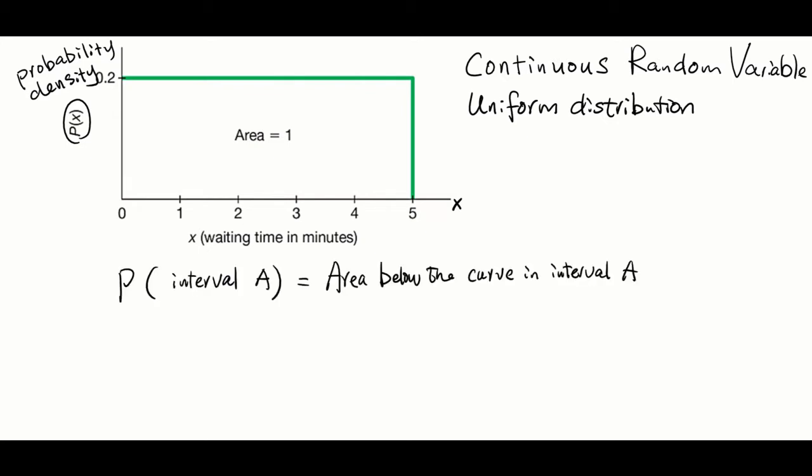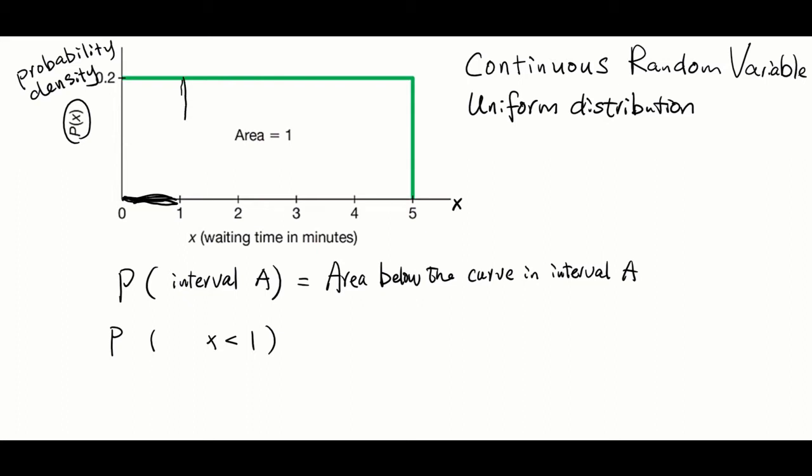Here's how. The probability of a certain interval A is equal to the area below the curve in that interval A. So the probability that a passenger's wait time is less than 1 minute is equal to the area below the curve in that interval. The interval we're talking about is between 0 and 1.